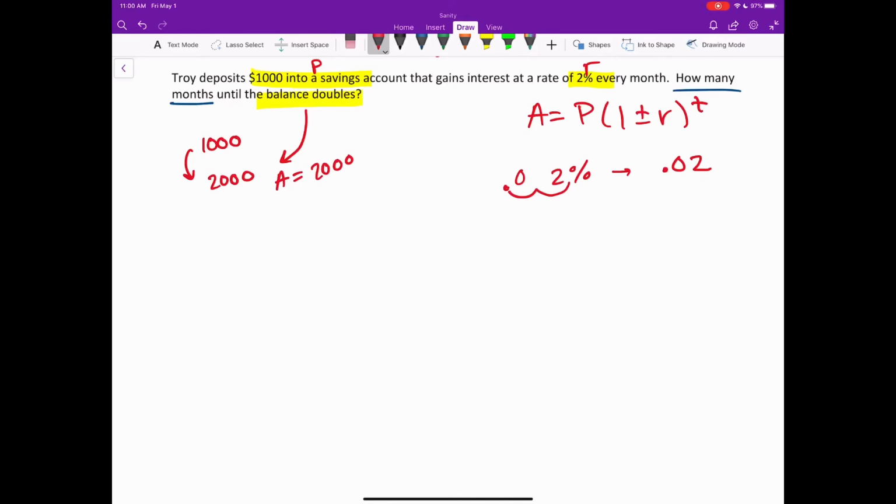Okay, so now let's just plug in all the information that we got. What do we got? $2,000 equals my initial deposit of $1,000 times 1. This is a growth problem, so 1 plus my rate of 0.02 raised to the power of t, or I guess we could use m for how many months if we're gaining interest every month.